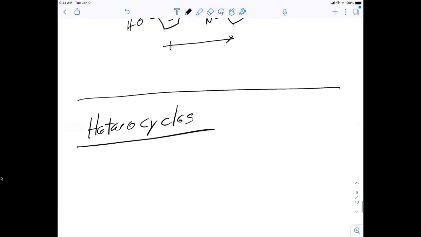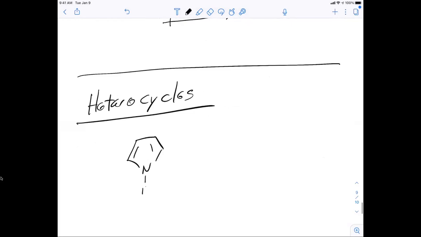Heterocycles, we've seen these before, right? We've got the nitrogen-containing pyrrole. If you put two nitrogens in it, you can end up with an imidazole.